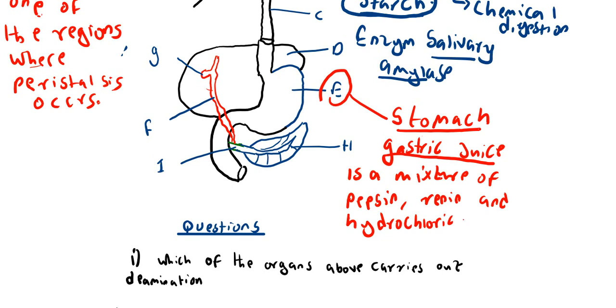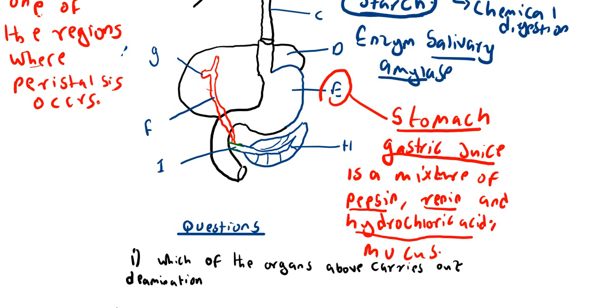So we've got hydrochloric acid, pepsin, and renin, and basically there should be another one, the last one, mucus. So that is the composition of gastric juice produced by the stomach: pepsin, renin, hydrochloric acid, and mucus.